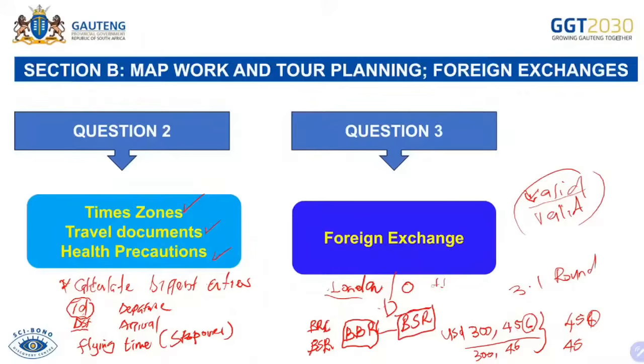What happens if South Africa has a strong currency? What happens to the number of visitors coming into our country? Does it encourage more tourists to come into the country, or will tourists disregard South Africa and look for a cheaper destination? Those are the things you need to keep yourself abreast with.